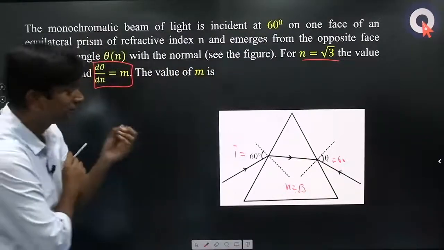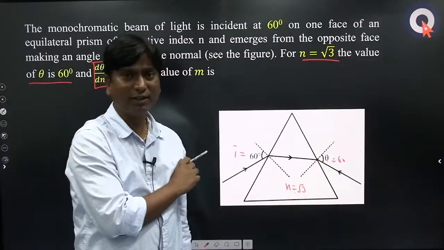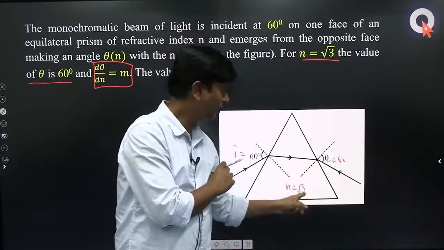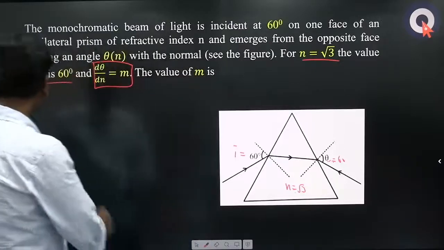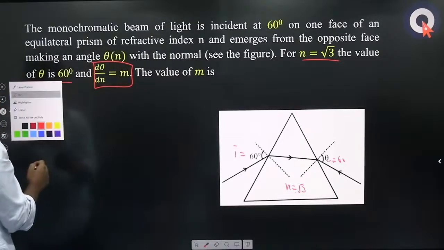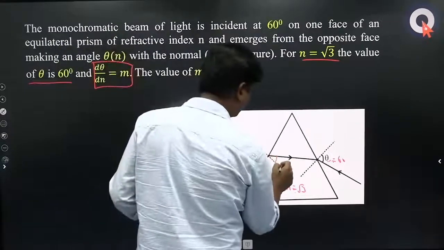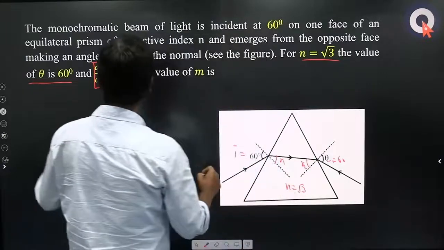So first, because they are asking d theta with respect to n, try to get the relation between theta and n. So theta as a function of n only, you try to get the relation, right? So we have to use Snell's law there. Let us take this as some R1 and this as some R2, and it is the equilateral prism.